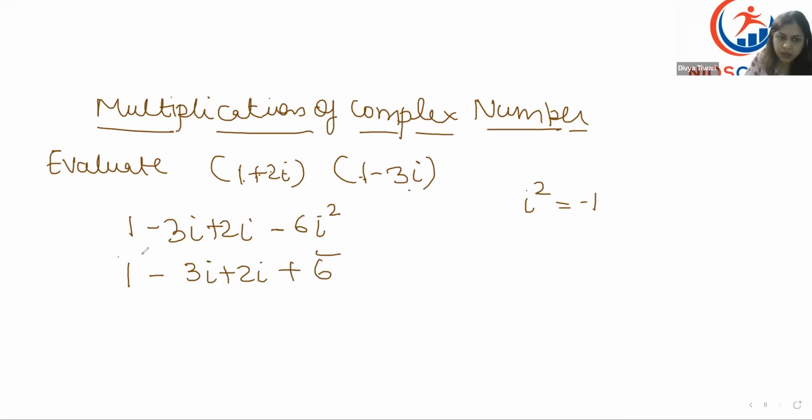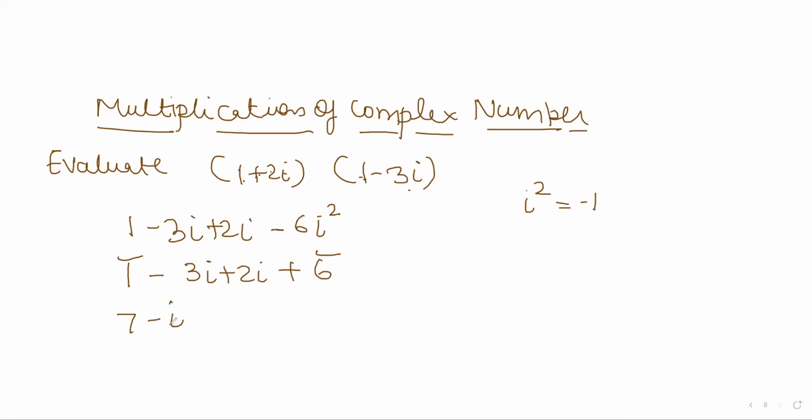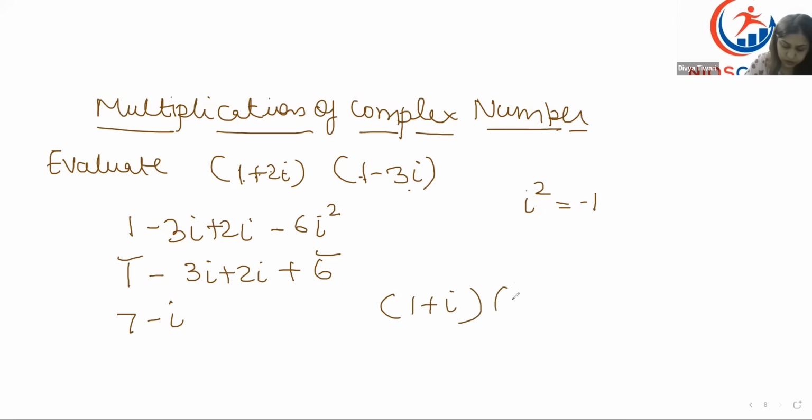Is it clear to both of you? Okay. If it is clear, then solve this question: (1 plus iota) times (4 minus 3 iota). Solve this. Tell me what value you will get.